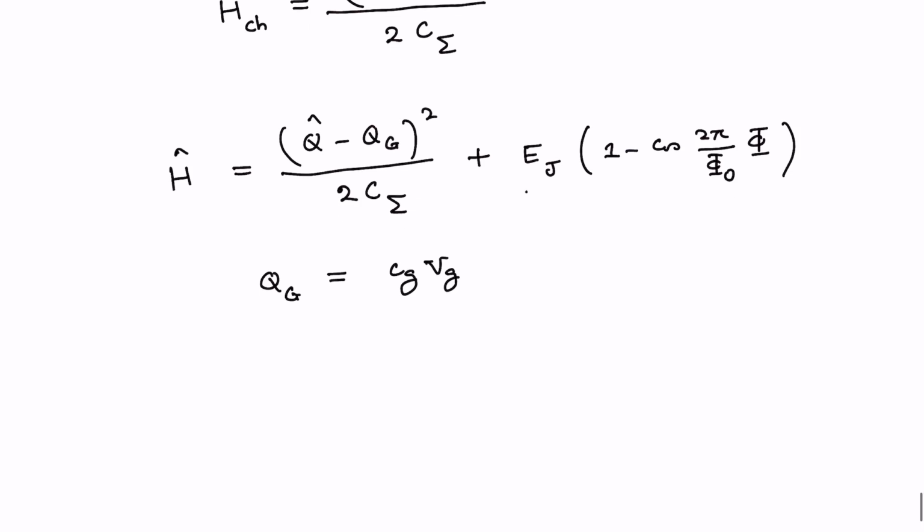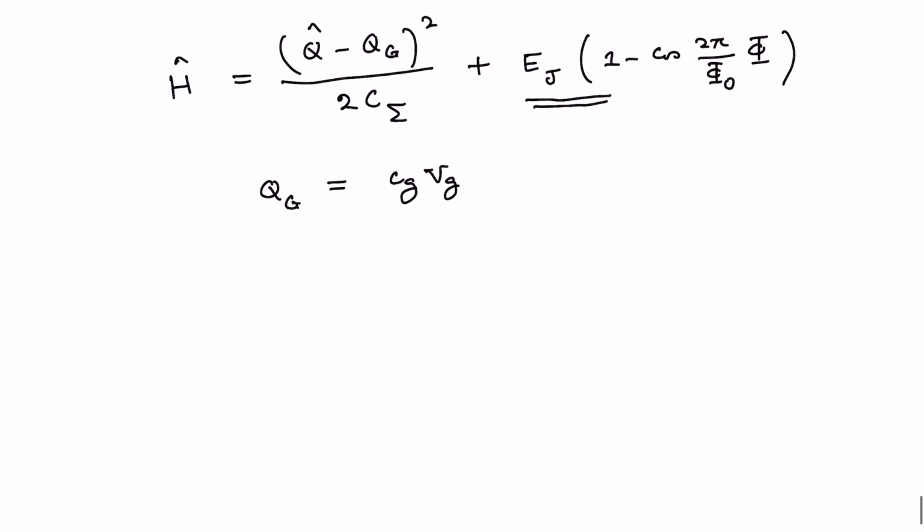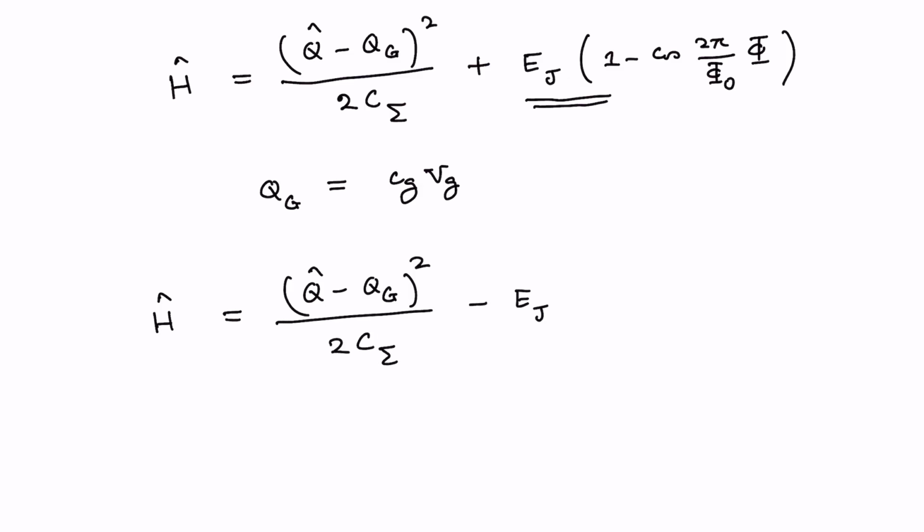As Ej is just here, this particular term in the Josephson energy is a constant, and it's not going to contribute to the physics of the problem, it's just an offset energy term. Discarding it, we can write down the Hamiltonian for the charge qubit as (Q minus Qg) whole square divided by twice C sum minus Ej cosine of 2 pi by phi 0 times the magnetic flux phi.